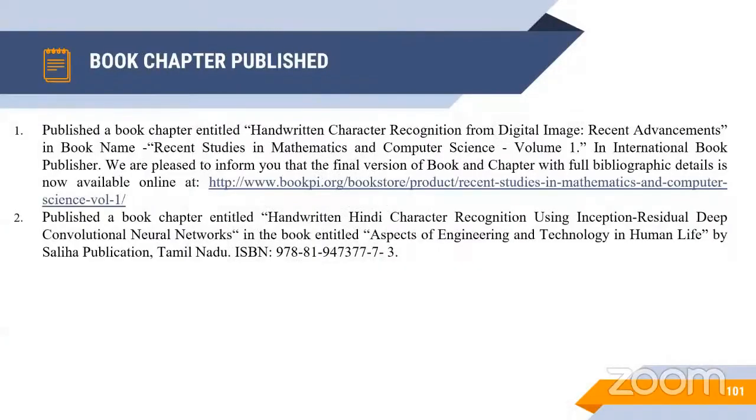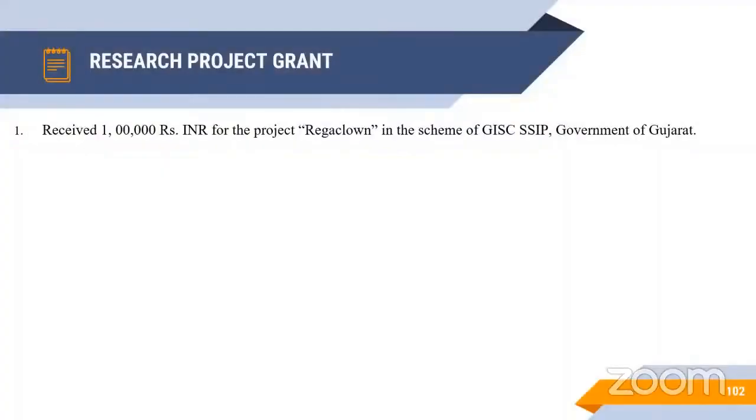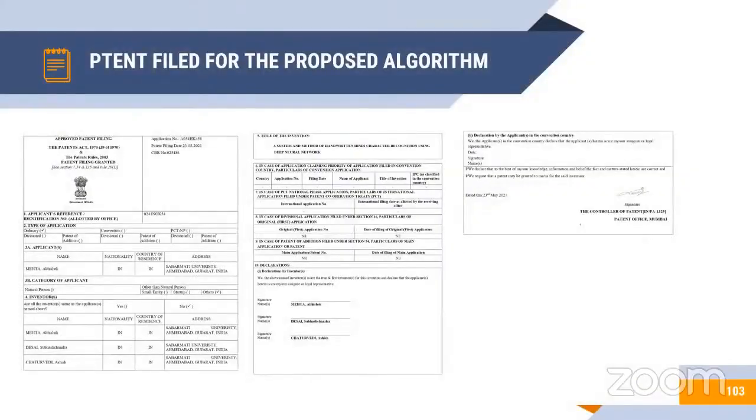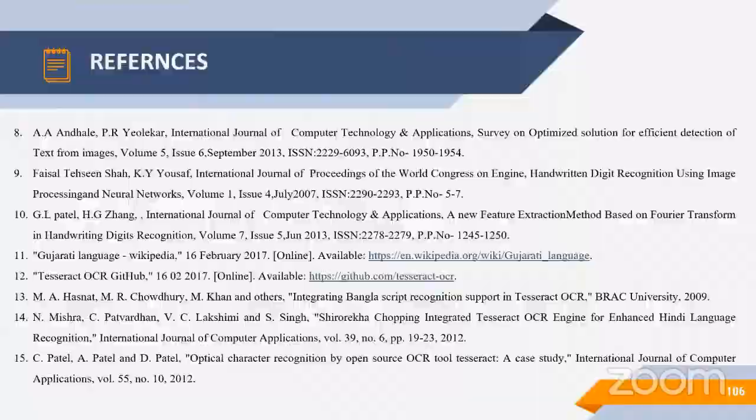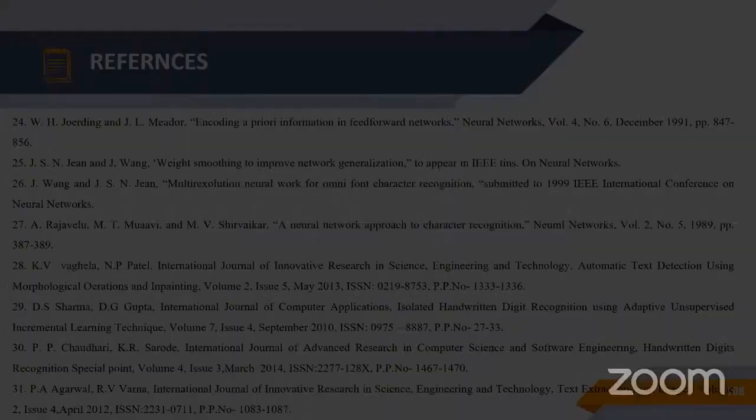I also published a book chapter related to this research. I also received a 1 lakh rupees grant from the GISC SSIP, Government of Gujarat. I have also patented this algorithm with the Government of India. And these are all the references that I have kept in the PPT.